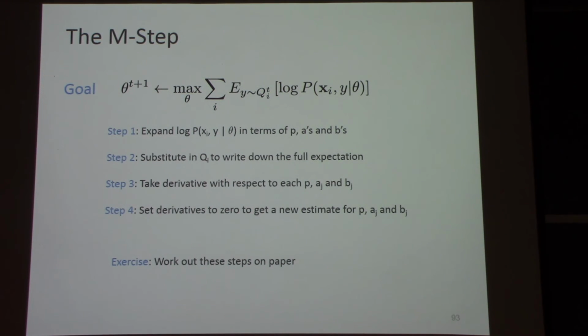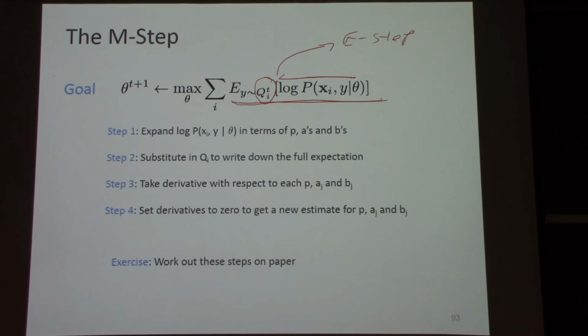The second thing you do is you write down the value of the expectation. The first step takes care of this, the second step takes care of this, where Q comes from the E step. Now you have a function and you can maximize it.